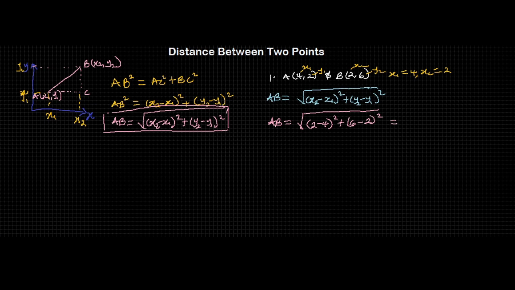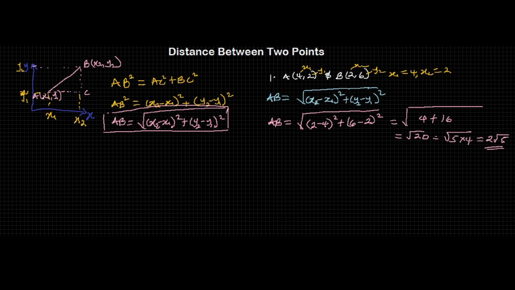So this is going to give us square root of 2 minus 4, which is minus 2, minus 2 squared is 4, plus 6 minus 2 is 4, 4 squared is 16. So that means this is going to be square root of 20, and square root of 20 in short form is the square root of 5 times 4, which is 2 root 5. So that is our answer.